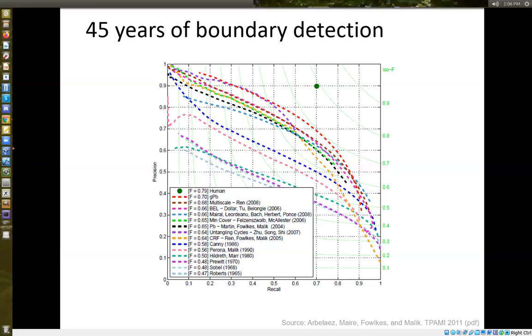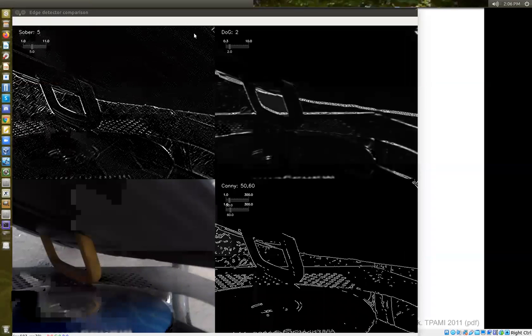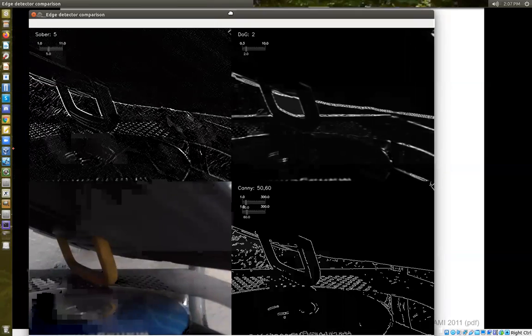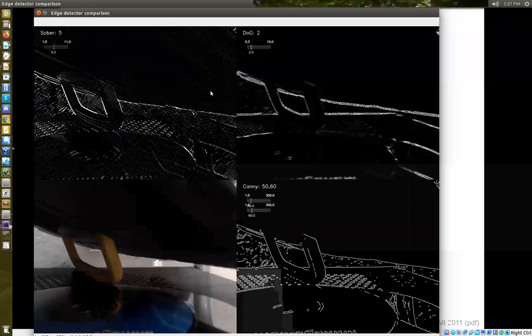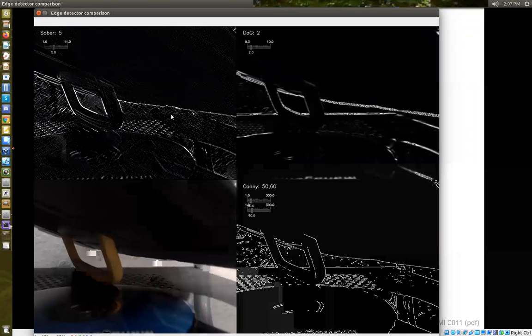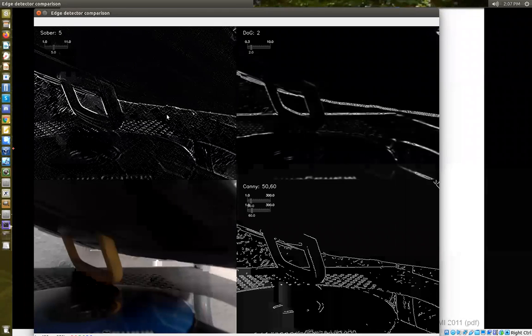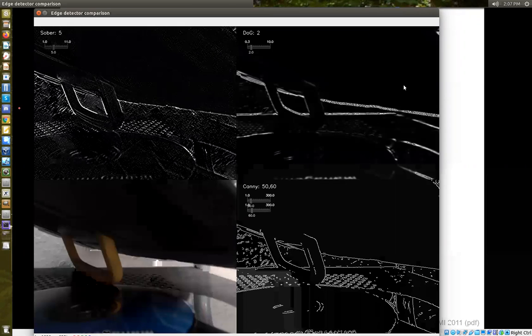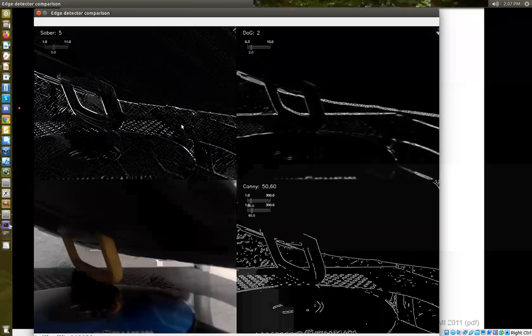Let me give a demo of this edge detector here. Let's look for that. So here you can see I put the 3 detectors described earlier.